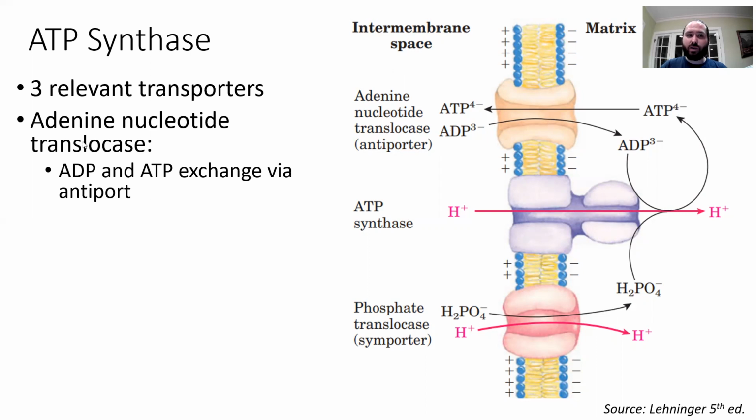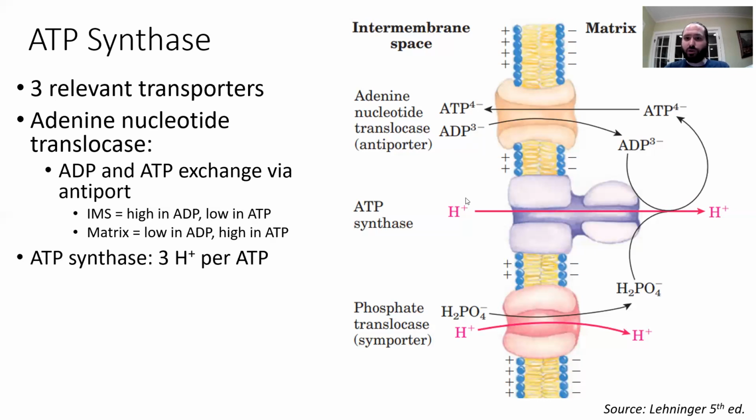That's called adenine nucleotide translocase. And ADP and ATP are going to exchange in this protein via antiport. So we can imagine that ATP concentration would be higher in the matrix because that's where we're making ATP. And ADP concentration would be higher in the intermembrane space because that's where our ATP that we'd already used would be coming in from. So that's the first transporter.